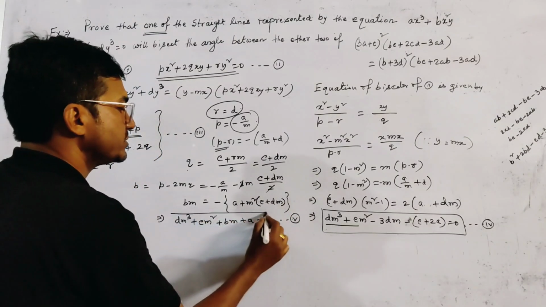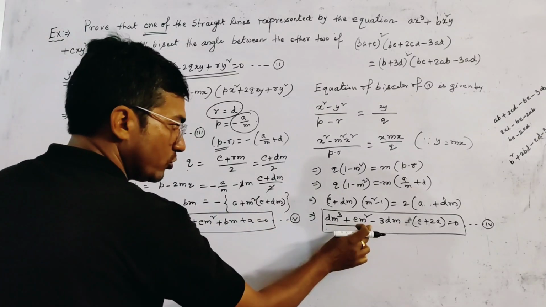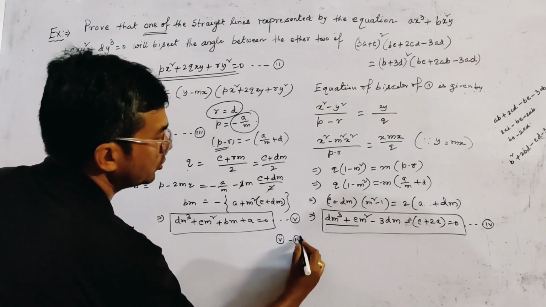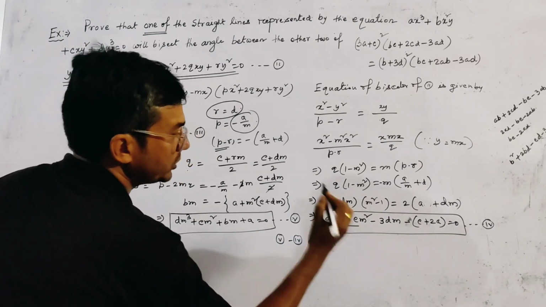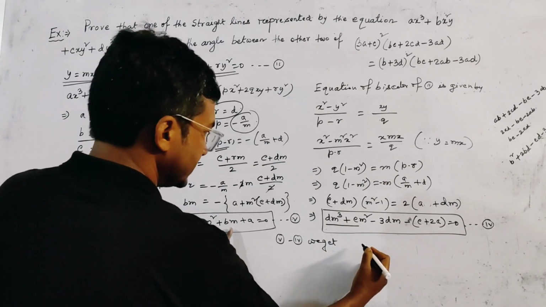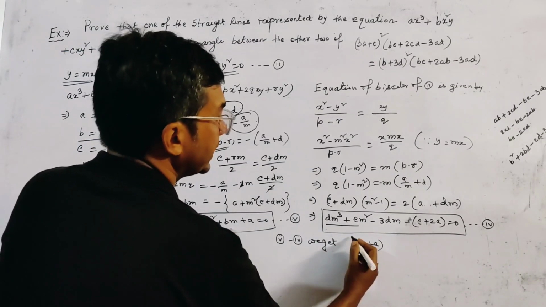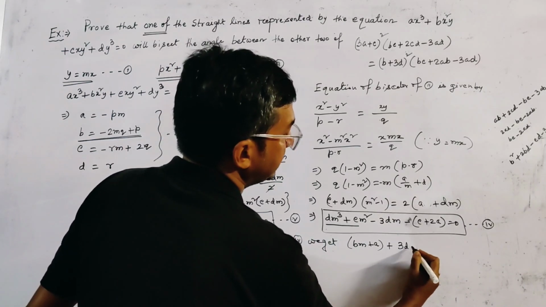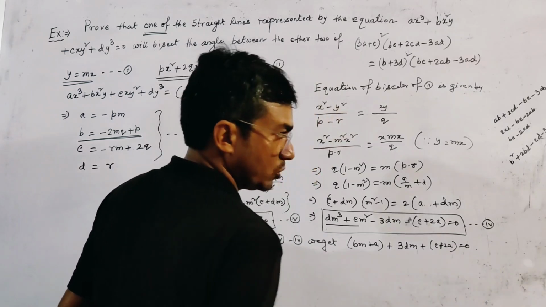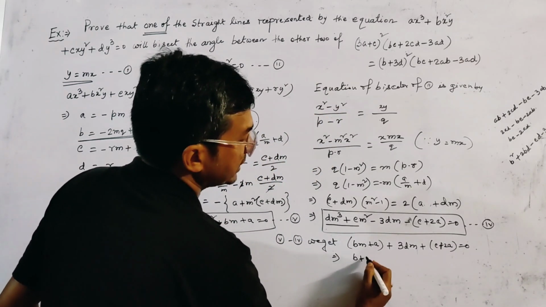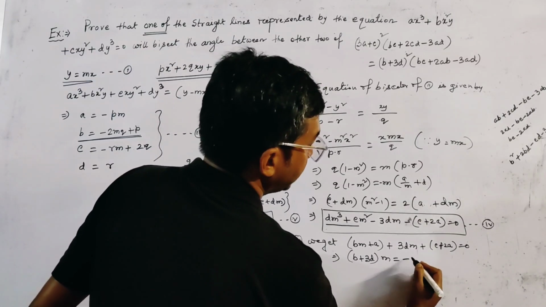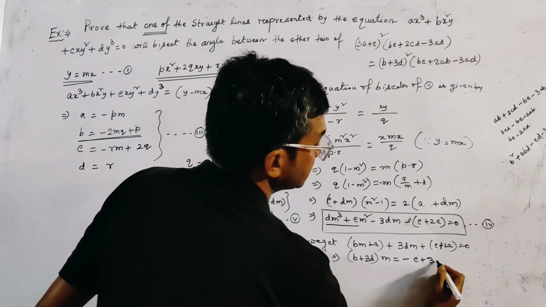Now by subtracting relation number 4 from relation number 5, that is 5 minus 4, we get the relation as bm plus a plus 3dm plus c plus 2a equal to 0, and we get b plus 3d into m equal to minus c plus 3a.